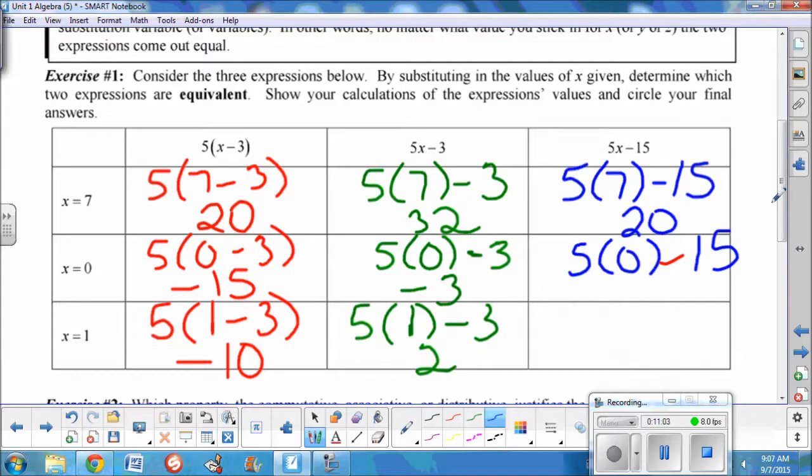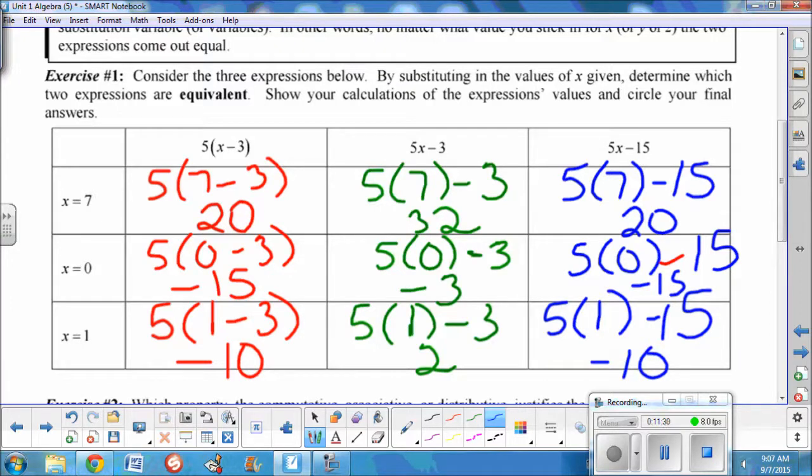I don't know what was happening. And then 5 times 1 minus 15. There we go. And we end up with, I have to backtrack here, negative 10. And this one gives me negative 15.